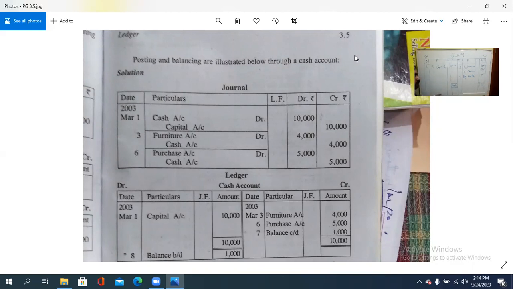That is to be brought forward to the next accounting day. Suppose it is the next accounting day, that is to be brought forward to balance brought down 1,000. See, this is posting and then balancing. This thing is called posting and balancing.